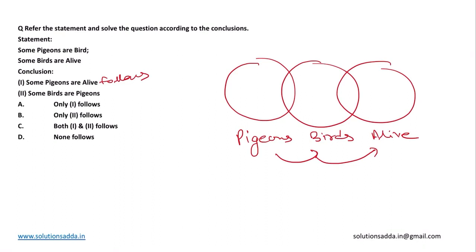Some birds are pigeons. Since some pigeons are birds, therefore some birds are also pigeons.